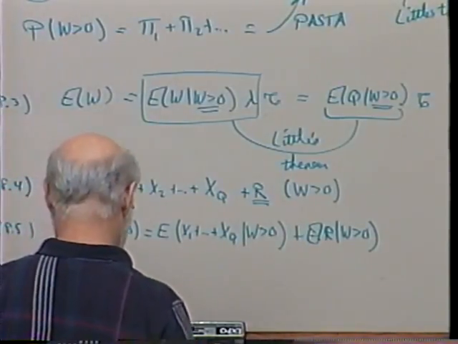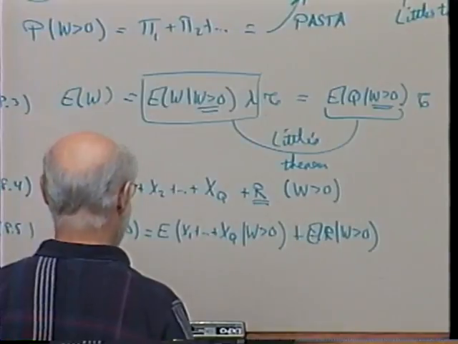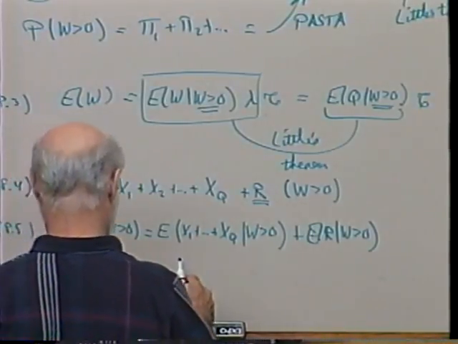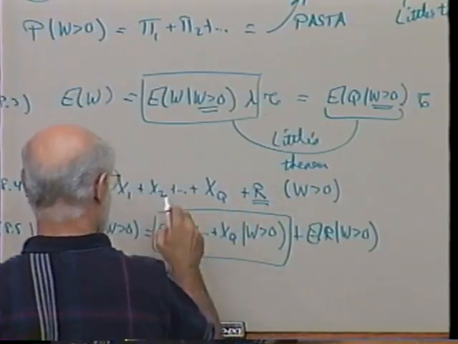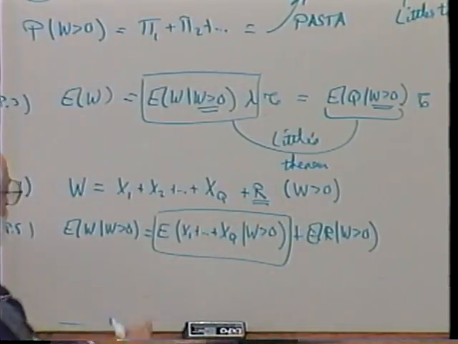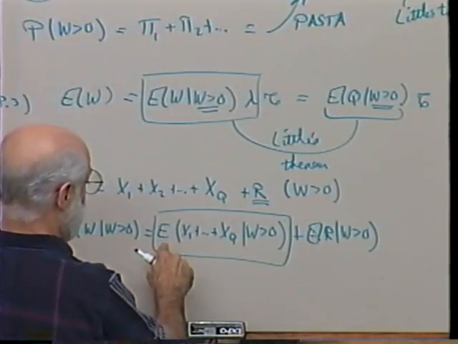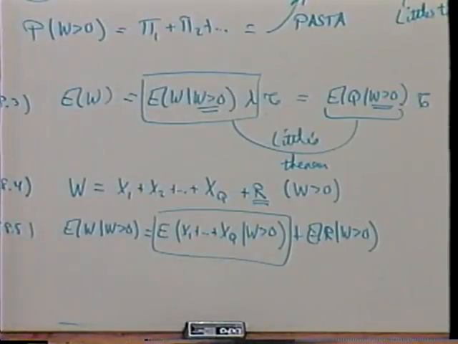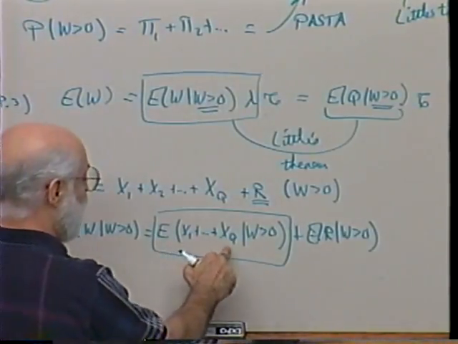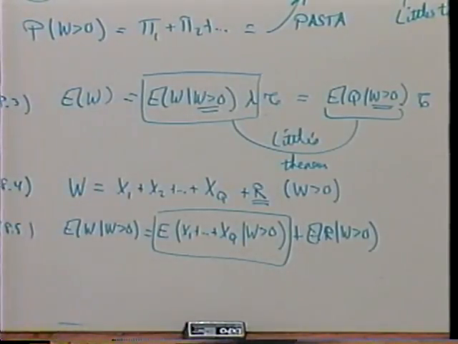Okay, now, what about this piece right here? This is a compound sum. Because what I have here is the expected value of a sum of random variables, but the number of terms in the sum is itself a random variable.